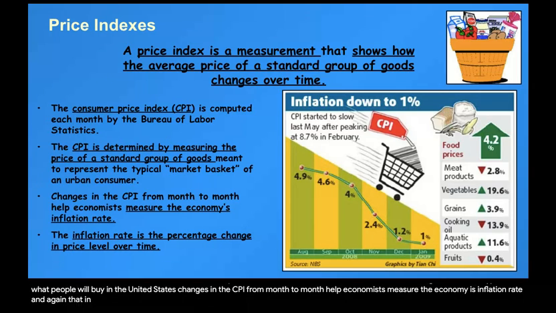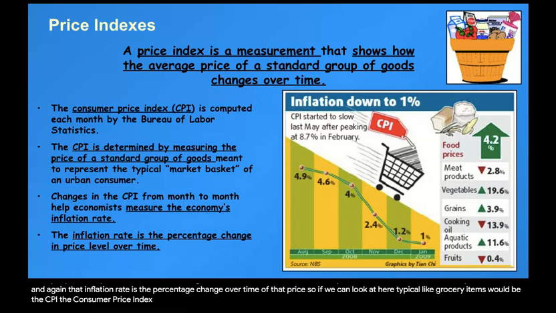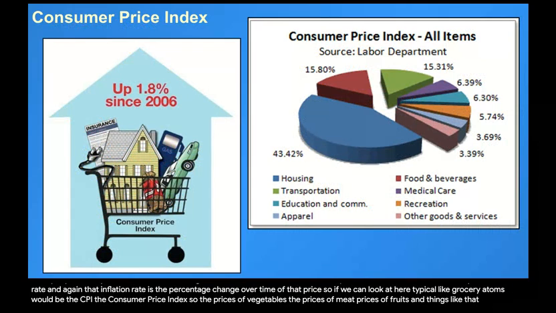And again, that inflation rate is the percentage change over time of that price. Typical grocery items would be in the CPI, the consumer price index: the prices of vegetables, meat, fruits, things like that.